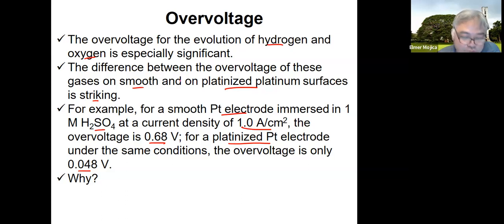So one is a smooth one, and the other one is a platinized one. So why is it you need a lot of this one compared to this one? Anyone? I think this is the last slide that I have.